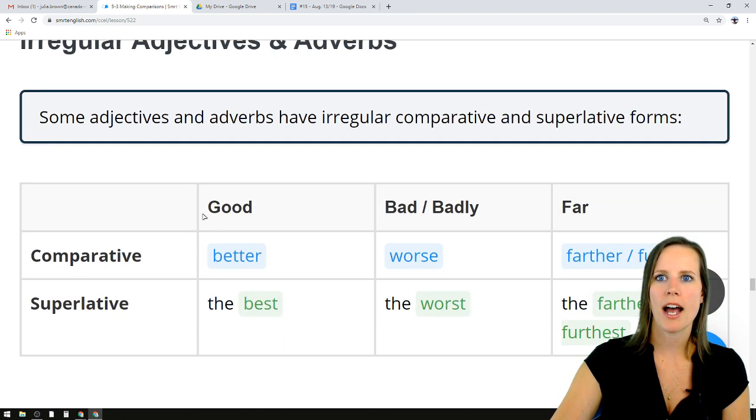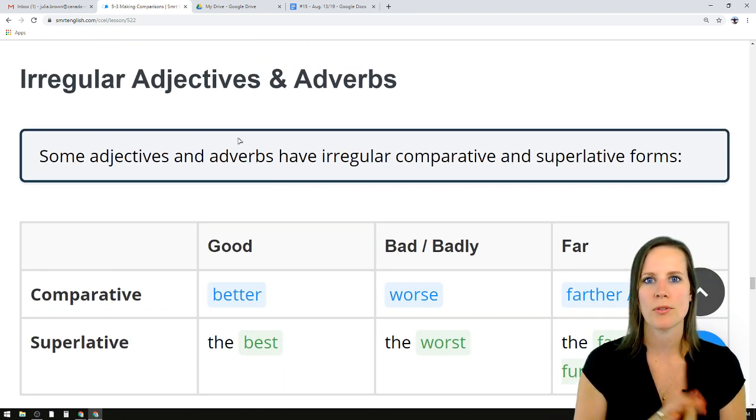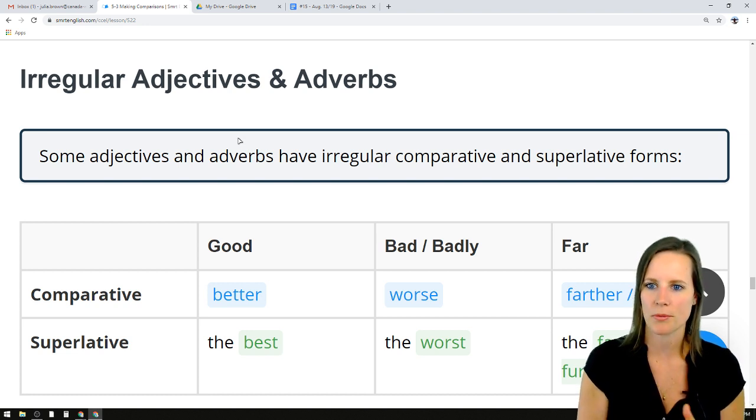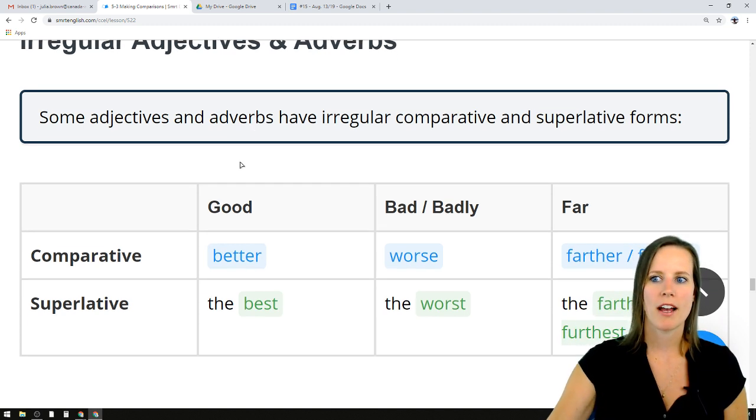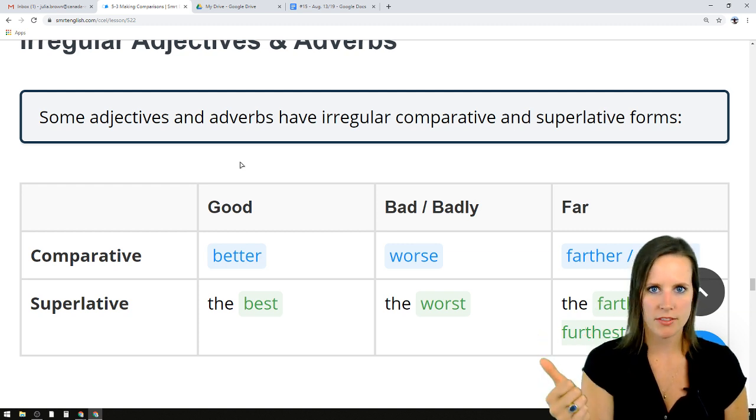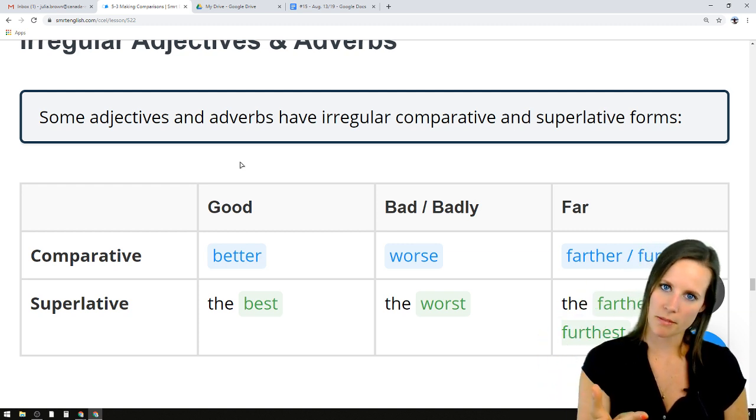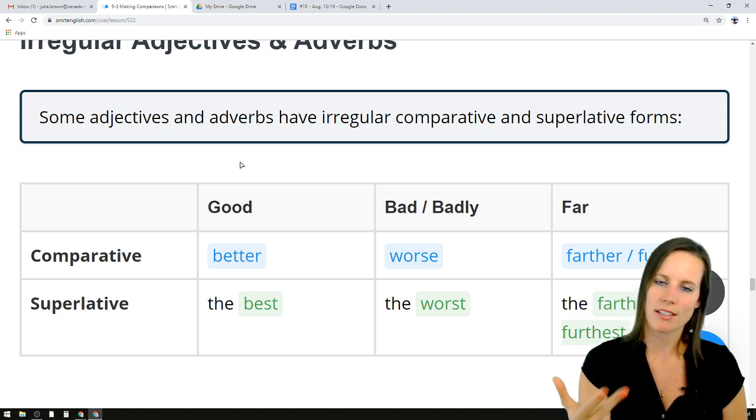Okay, so moving into some irregular adjectives and adverbs. There definitely are some irregular ones. The main: good, bad, and far. Okay, so we have good is the base form, better is the comparative, and the best is the superlative.